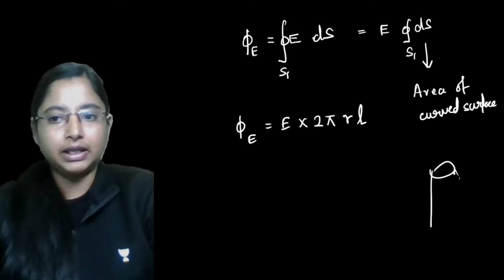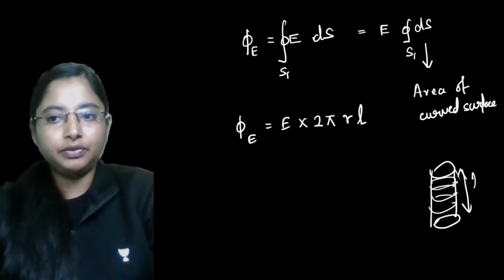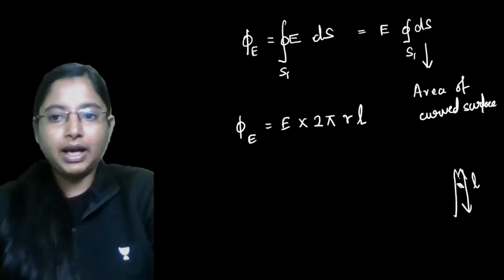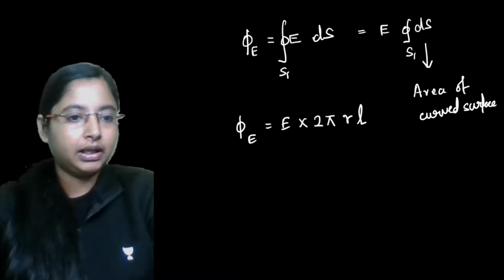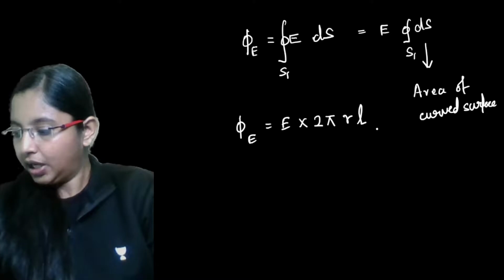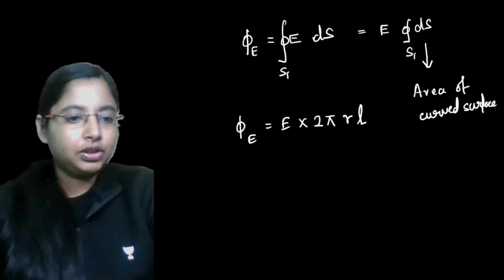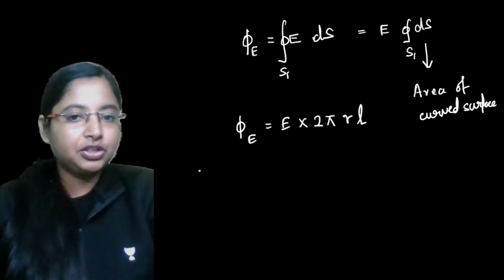So if we have a cylinder and want to find the area of this curved surface, that is the length of the cylinder times the circumference, 2 pi r into L.